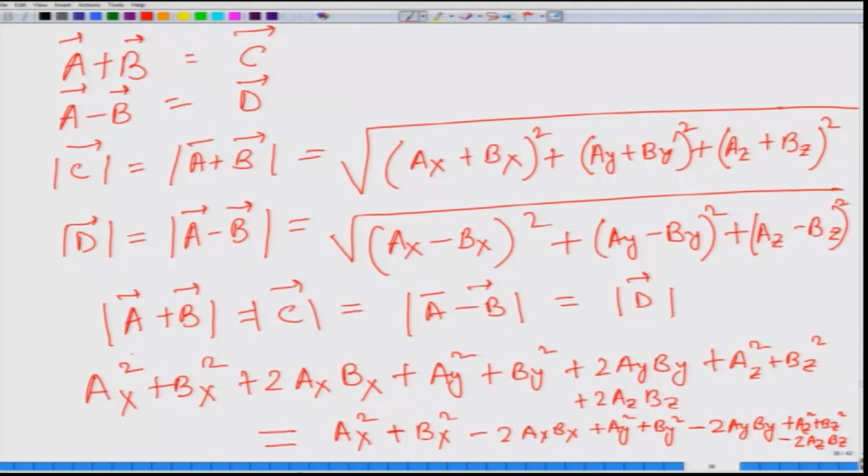So if I just cancel the same terms from both sides, AY square, BY square all are cancelled, AZ square cancelled, BZ square cancelled. So I am left with this, this, this, this, this and this.